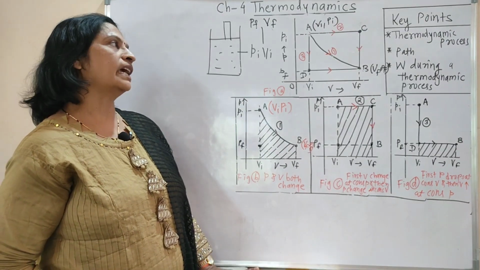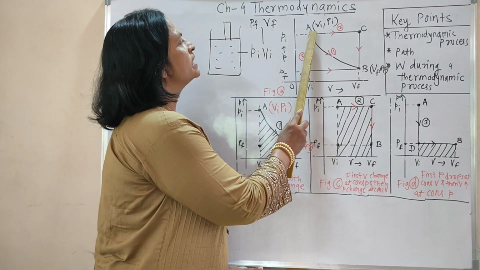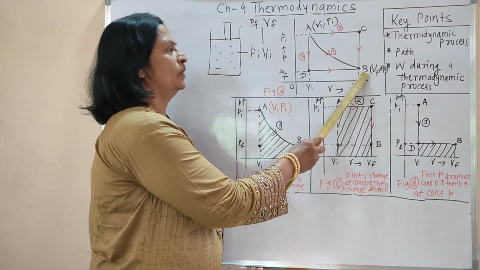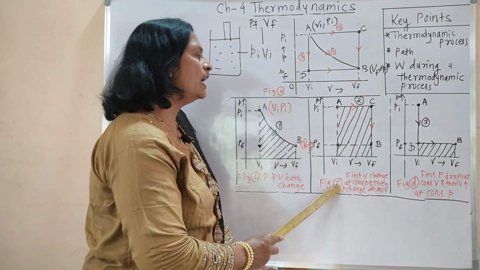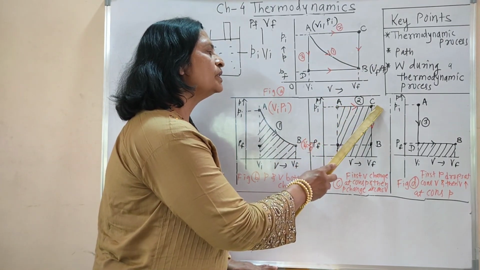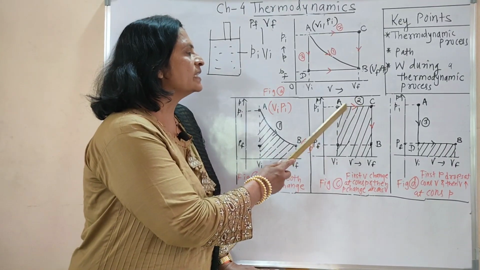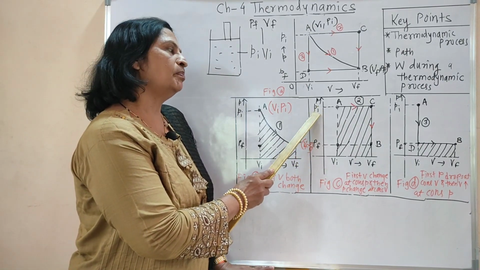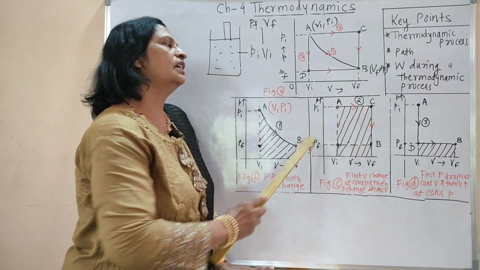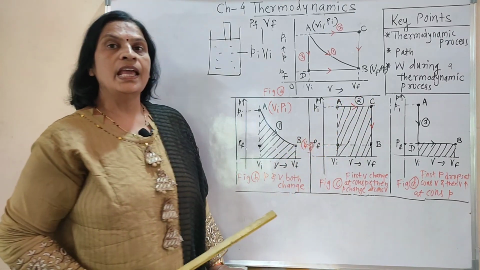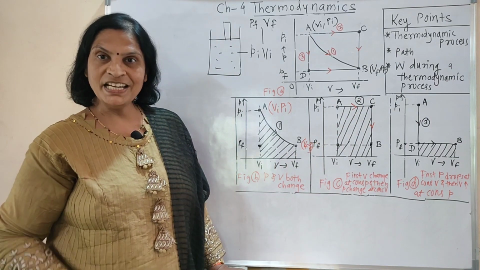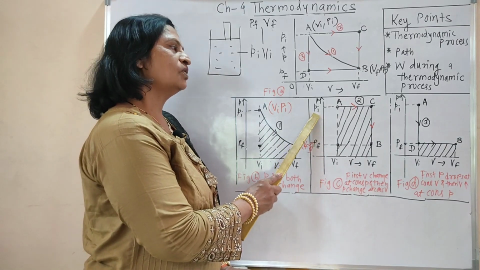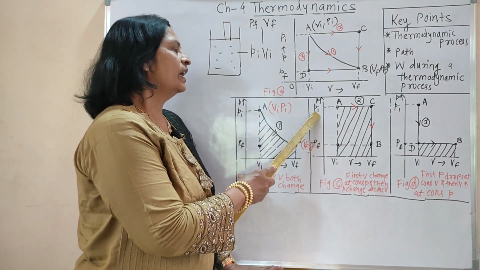Then consider path second. During path second, first the system goes from A to C, and after that the system goes from C to B. Consider figure C. During the path A to C, this arrow indicates that volume goes on increasing, but pressure remains constant. Pi is the pressure that remains constant. Expansion is there, so positive work done is there, though pressure remains constant. We already studied that case in an earlier lecture.